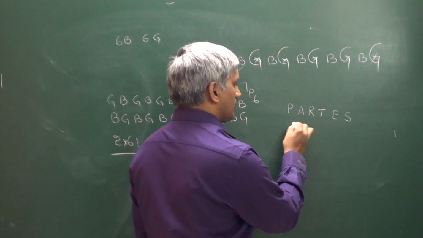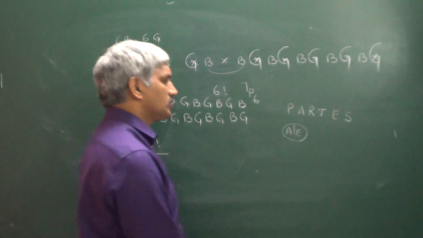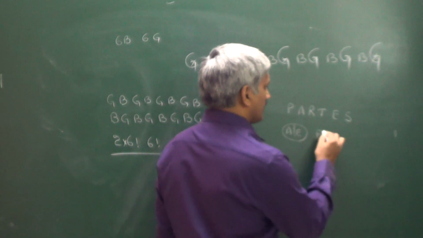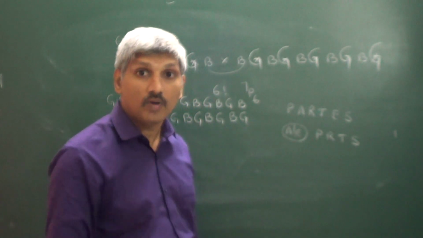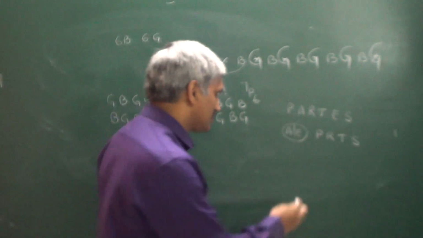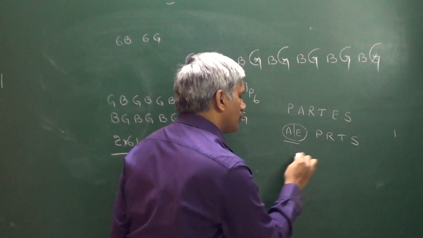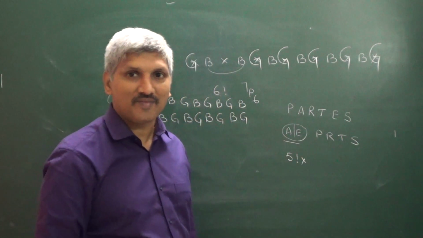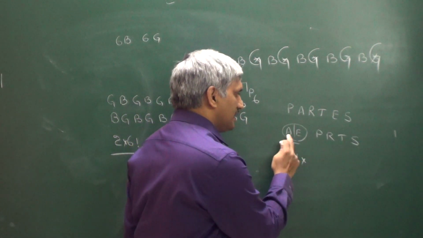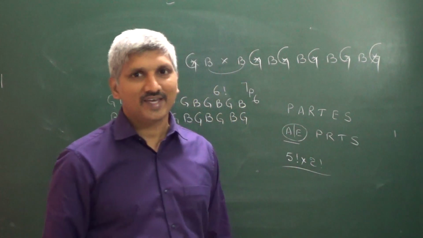A, E are considered as 1 unit, and the remaining letters are P, R, T, S. Vowels together, that's why consider this as 1 unit. So 1, 2, 3, 4, 5 units. They can be arranged in 5 factorial ways. At the same time, these two can interchange among their places in 2 factorial ways.